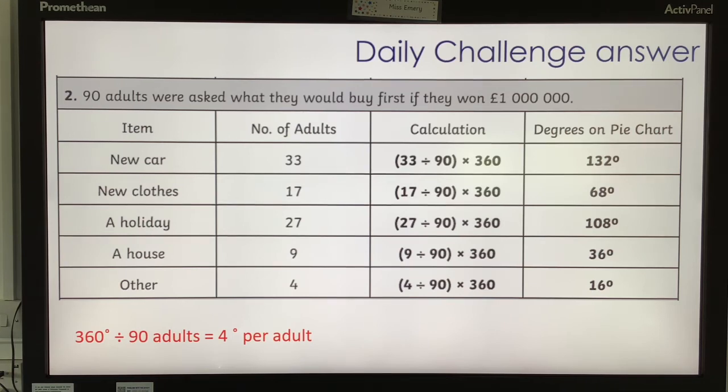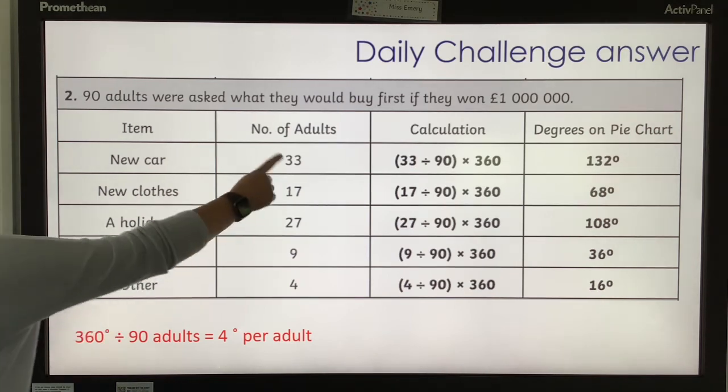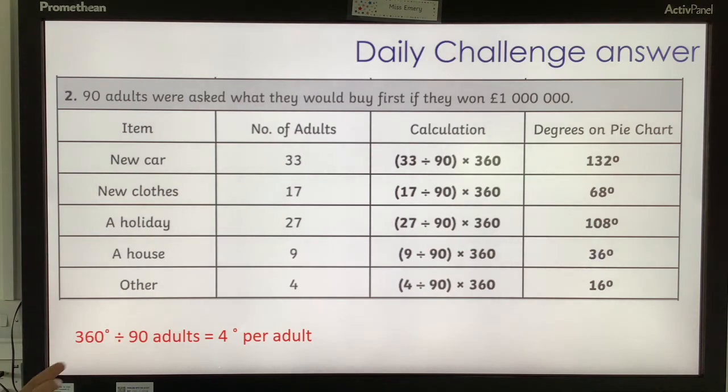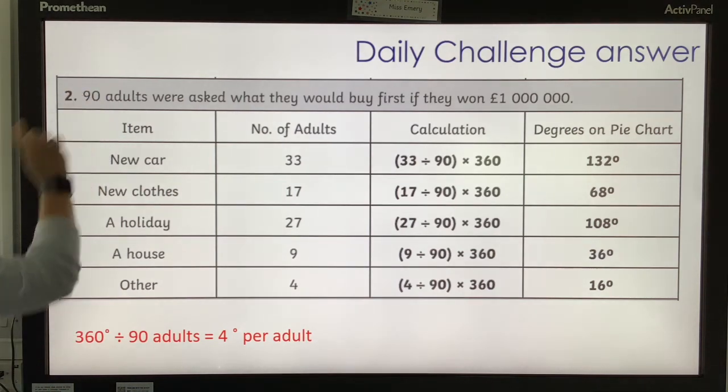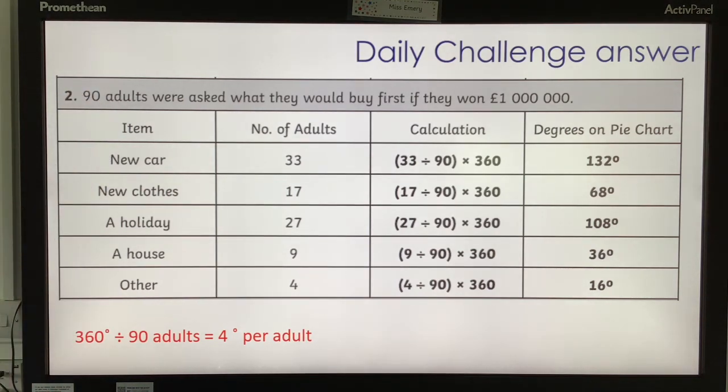Now you'll notice in our calculation box there's a slightly different calculation. That's because there's another way of doing it. Instead of doing 360 divided by 90, you can also do 33, the amount of adults, divided by 90 and times by 360.